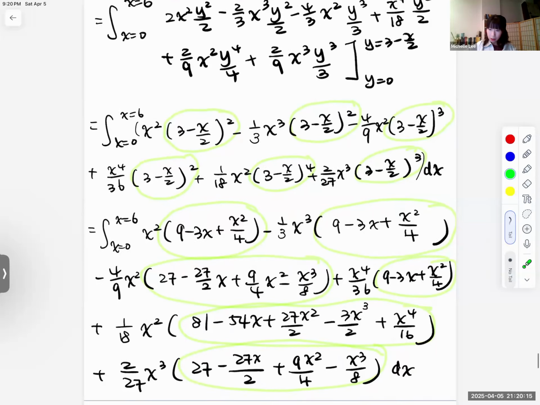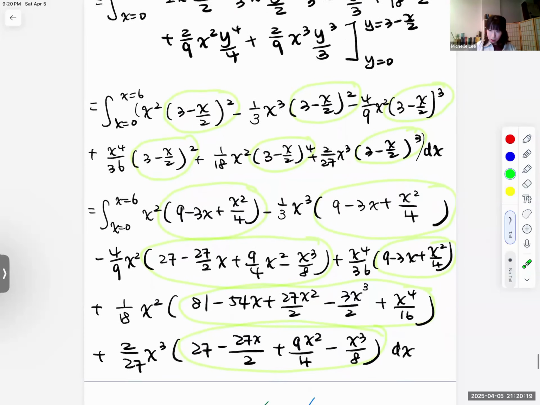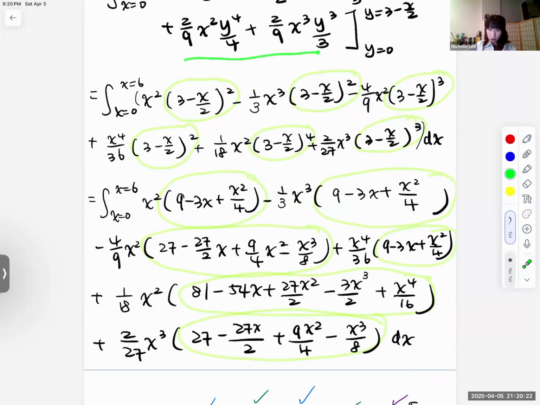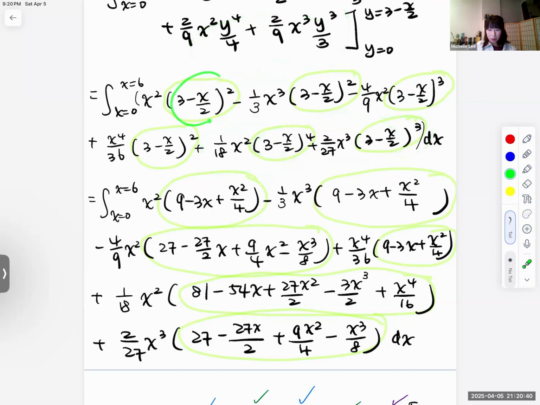Okay, now let me move here. So this one, I have this one too. So last two, right? Yeah, these two, last two. Okay, now I am using the formula to expand in order to distribute, right?